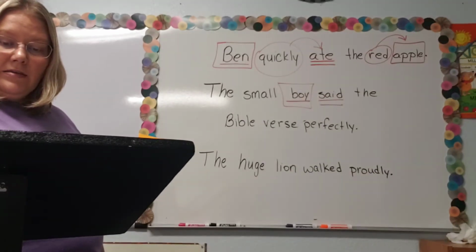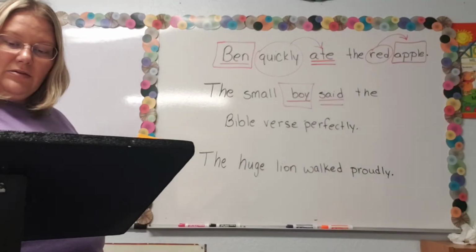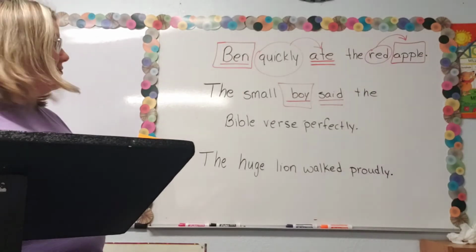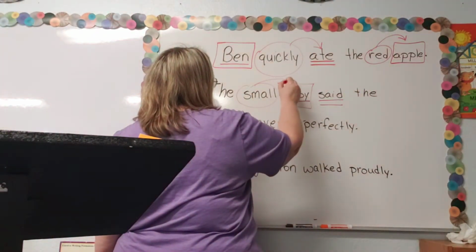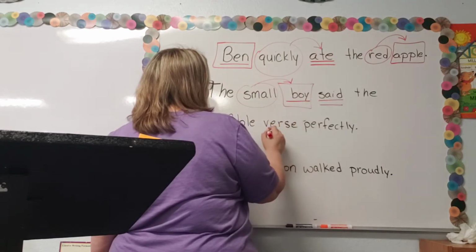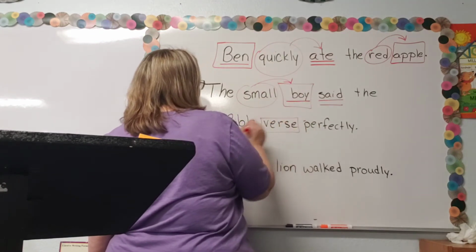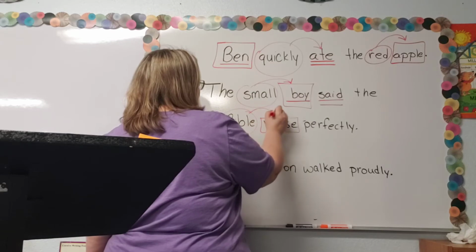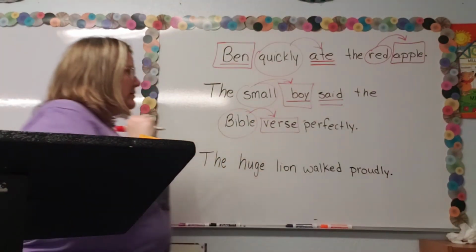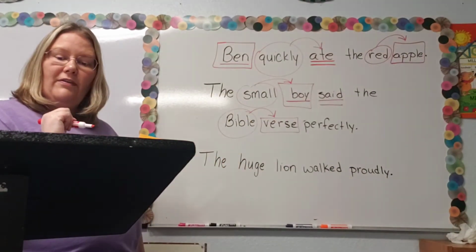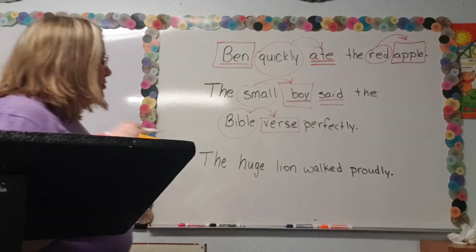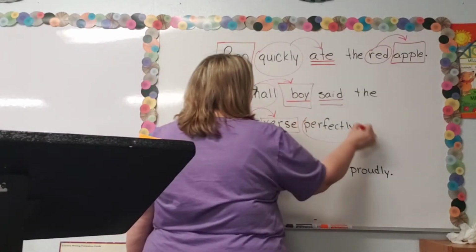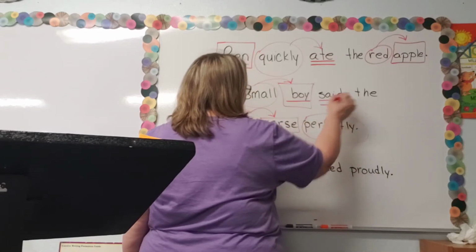Okay, so step 4, look at the nouns, draw a circle around each adjective. Okay, small is describing boy. So here our verse would be a noun. Okay, and Bible is describing verse. Okay, so that's our adjectives. Step 5, look at the verbs and draw a circle around each adverb. Well, perfectly is how it was said, so that is our adverb.